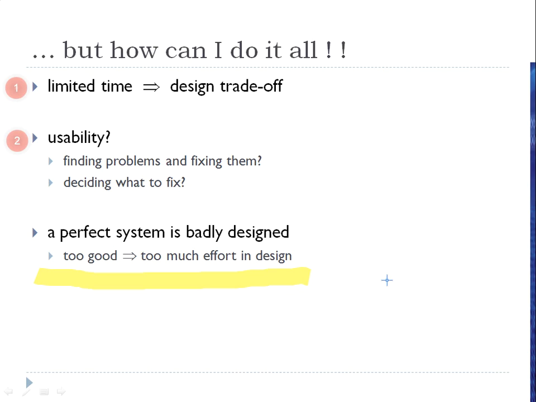I think it's a little bit difficult to give both of them good consideration.